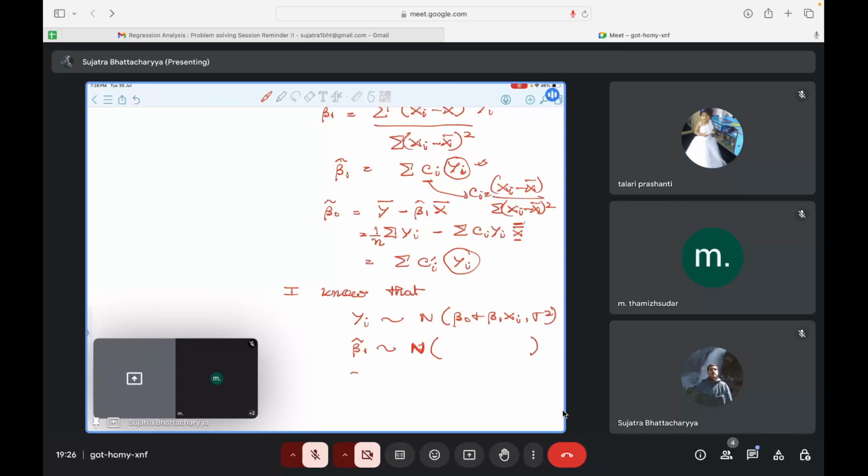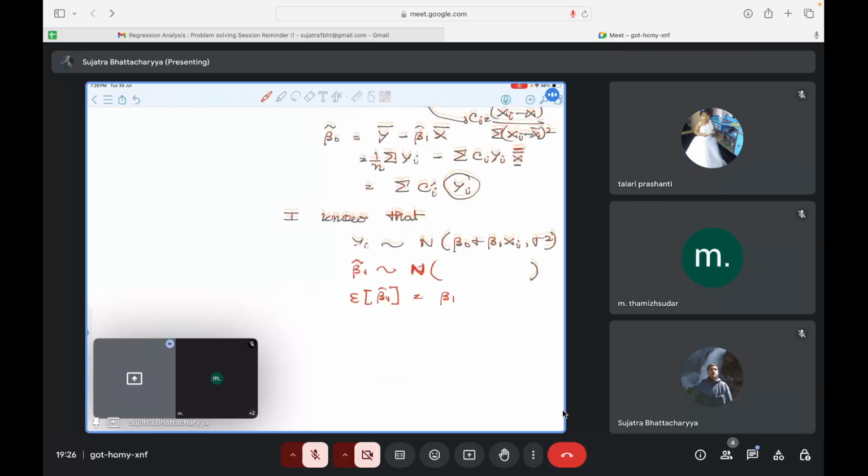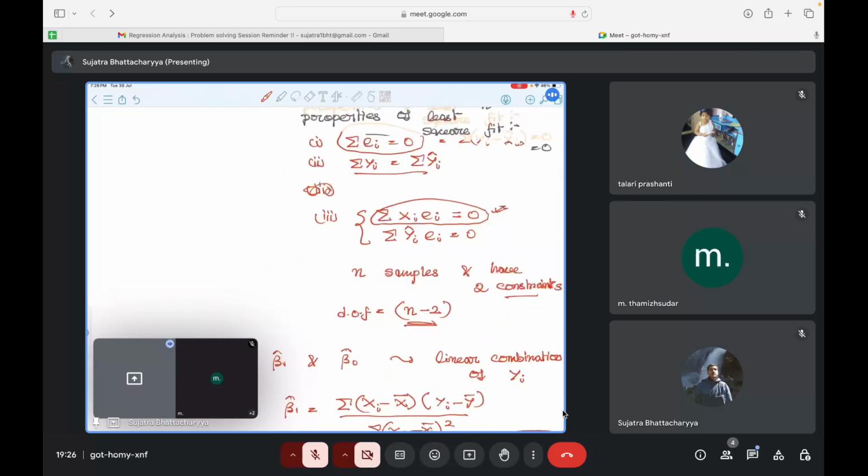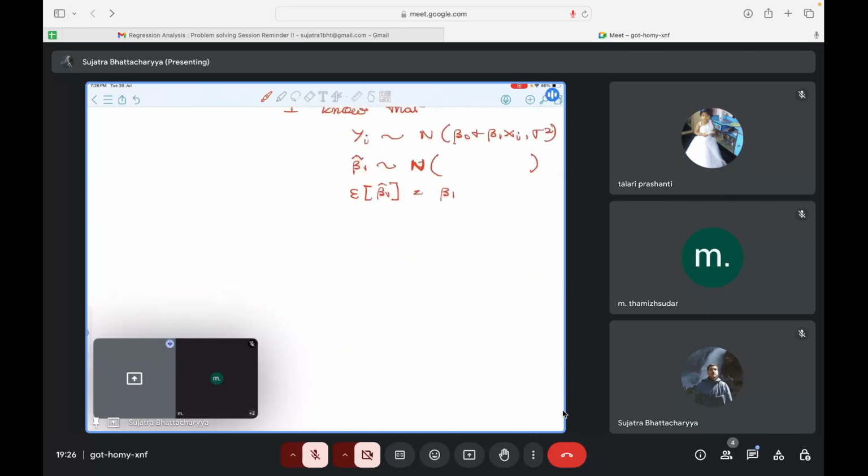Very easy. Just write expectation value of beta 1 cap. What is that? We have seen it is beta 1. I've written it down in the properties, yes, it is beta 1. So expectation of beta 1 cap is beta 1 and variance of beta 1 cap is what? Sigma square by SXX. Okay, so we get beta 1 cap as normal distribution of beta 1 comma sigma square upon SXX. Then this is your distribution of beta 1 cap.